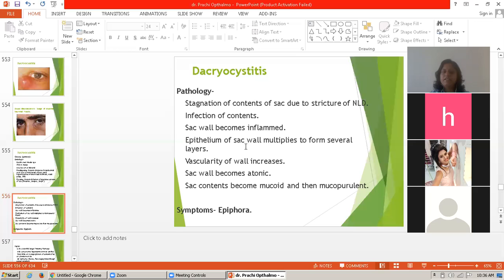So the epithelium of the sac wall multiplies to form several layers, with the vascularity of the wall increased, and the sac wall becomes atonic with the sac content becoming mucoid and then mucopurulent. So the symptom is epiphora.